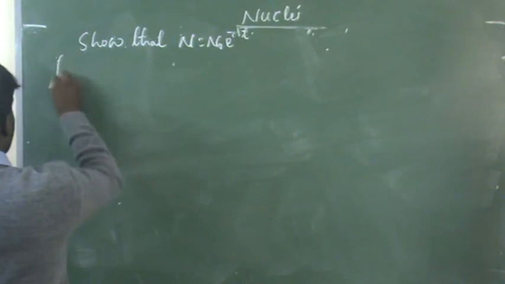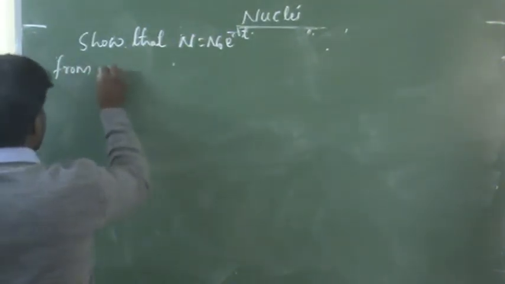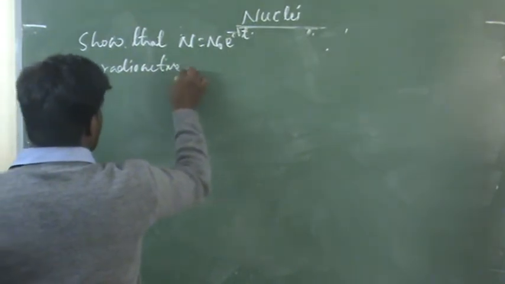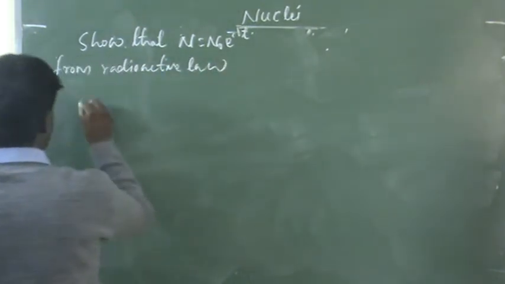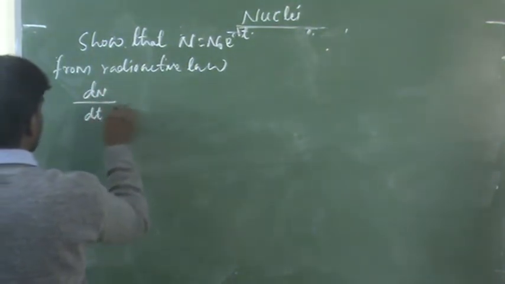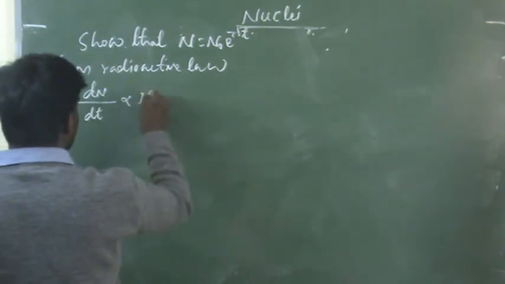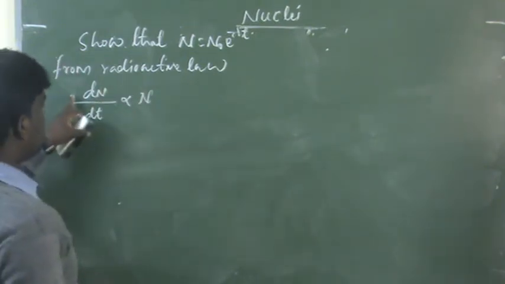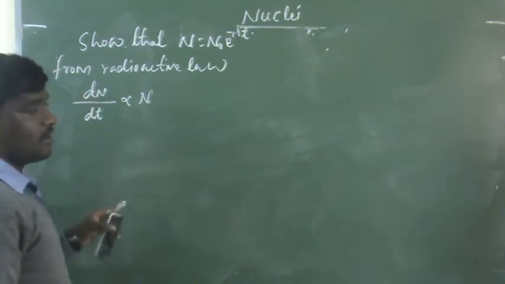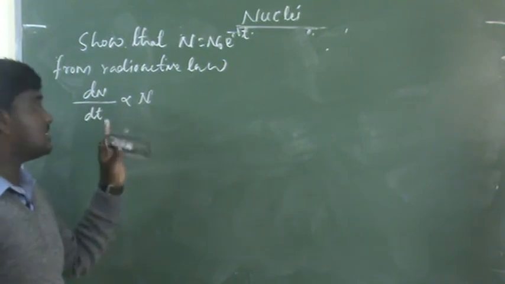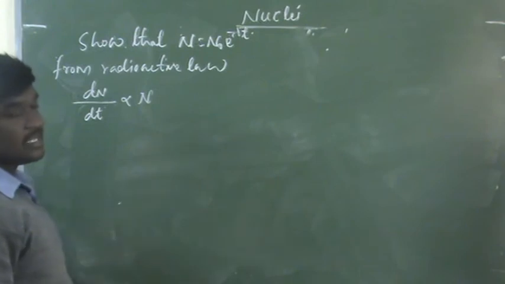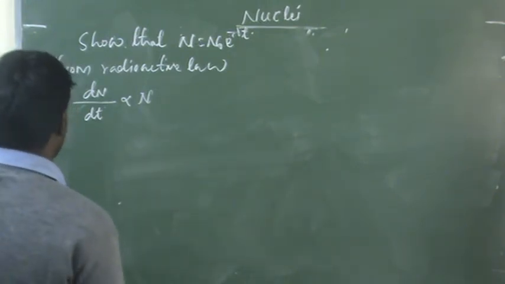So from the radioactive law, dN by dt is directly proportional to N. Here dN is the decay of radioactive substance, dt is at any instant of time t, and N is the number of parent atoms.